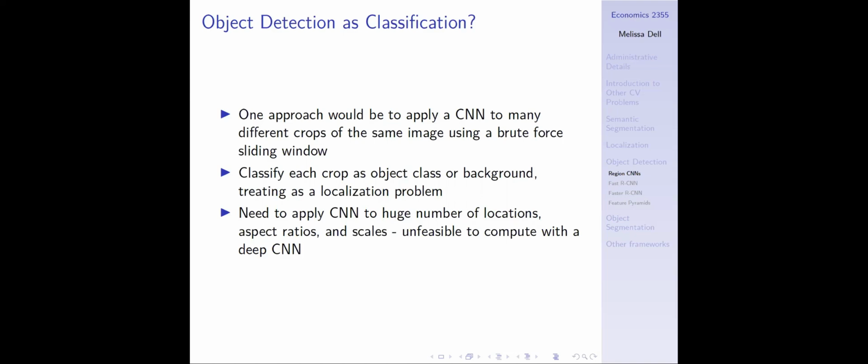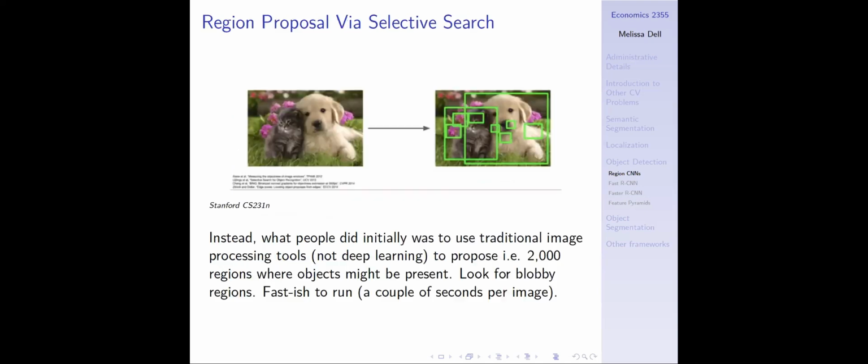That problem is actually a lot worse with object detection, because now you also have to try different object sizes and aspect ratios for all the different locations. So this has a huge number of crops if you did this naively by brute force, and it would be completely infeasible to compute with a deep CNN.